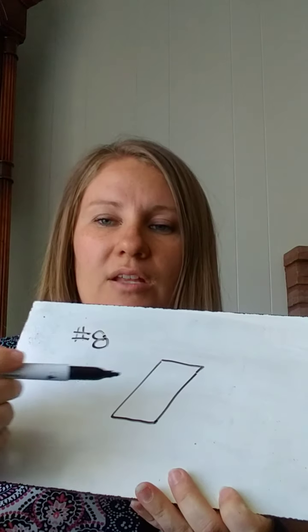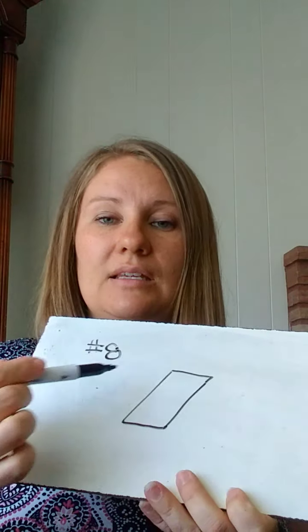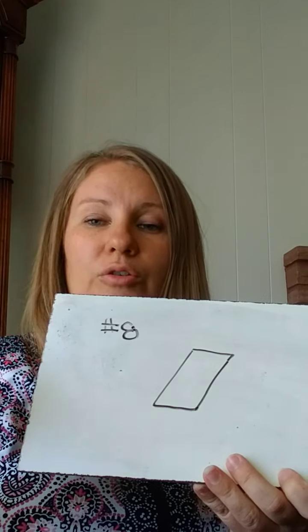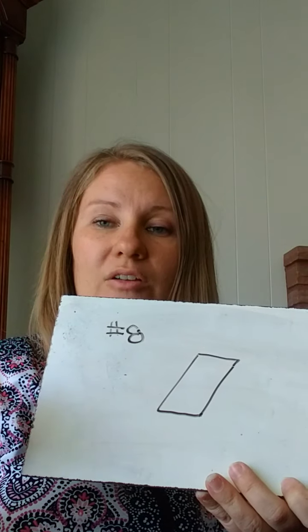So we can look that it has 4 sides. And so 4 can also be called a quad. So there's a hint. That's one shape it could be called. Now our lines are parallel, so that is a hint to another shape that it can be called.